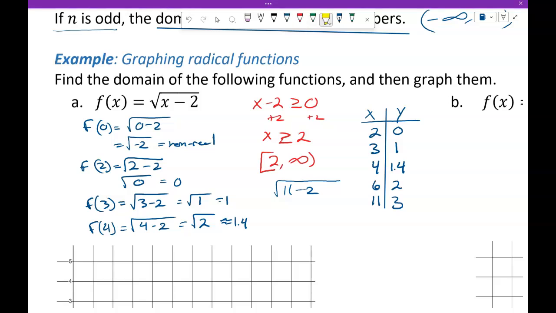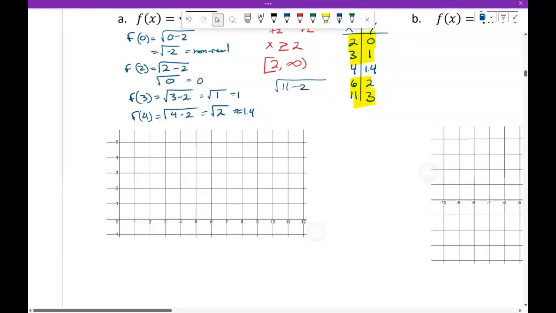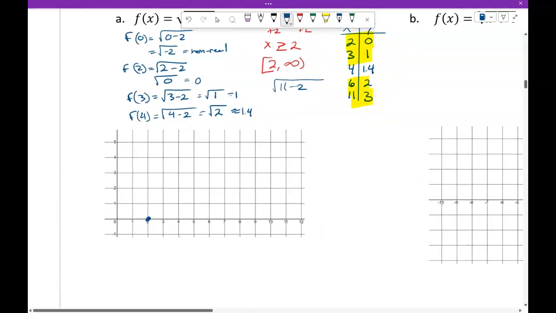And so now we have much easier points for us to graph. We can graph the points (2, 0), (3, 1), (6, 2), and (11, 3). And as we see, if we plotted (4, 1.4), it ends up in about the same spot for our curve.